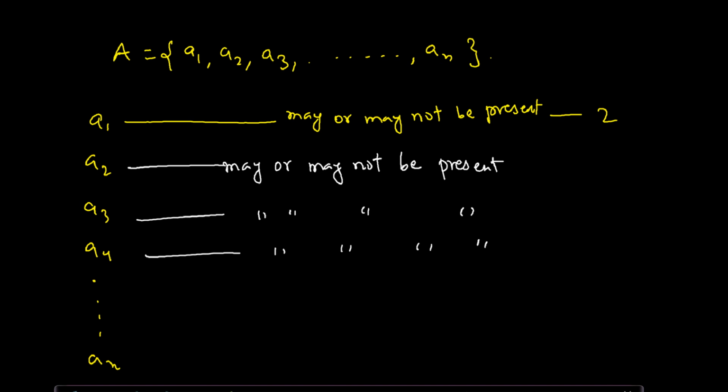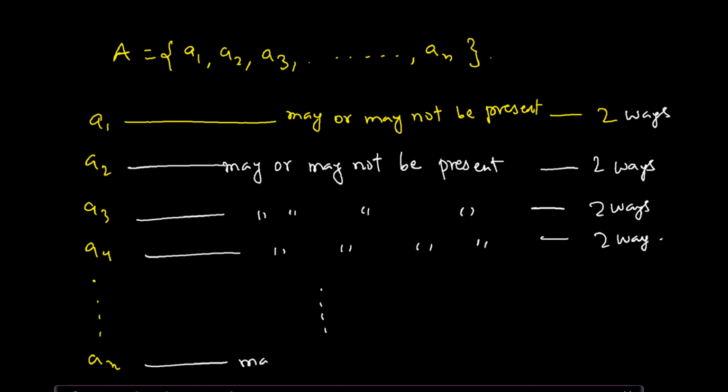So for every such element, you have two choices or two ways, either to have it in your subset, or not have it in your subset. And so on, for n, you may or may not be present. Two ways.